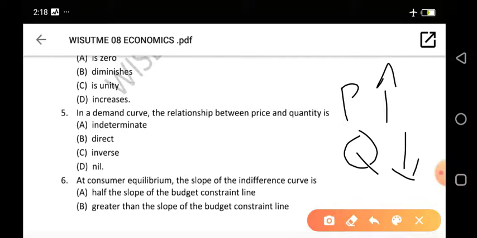So, seeing that, as price is increasing, quantity demanded is decreasing, it shows that there's an indirect relationship between price and quantity demanded.